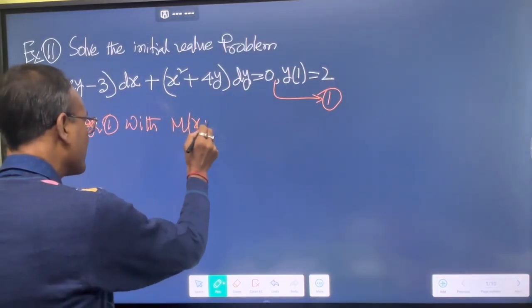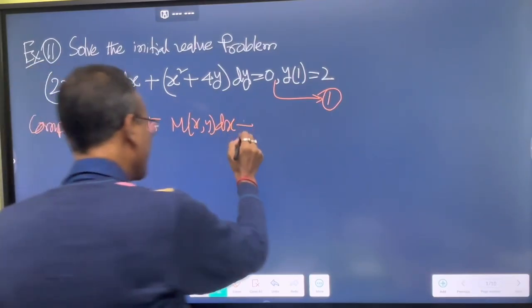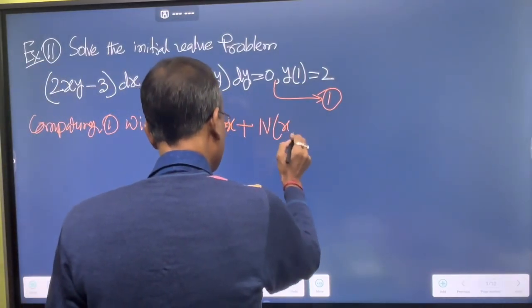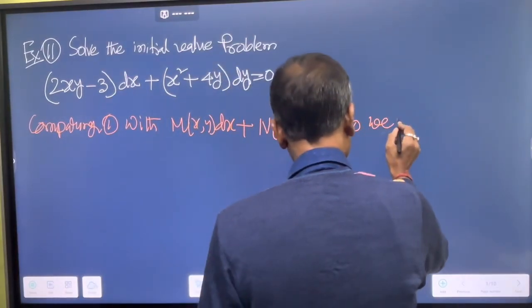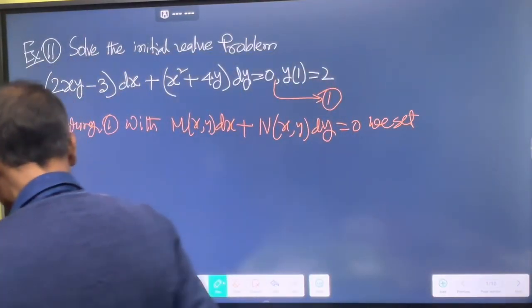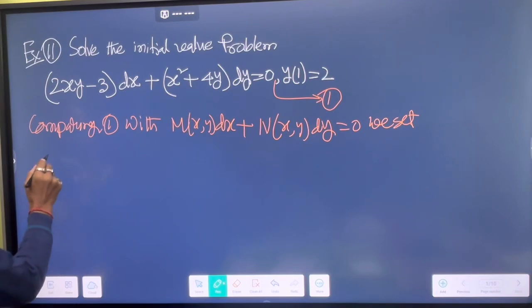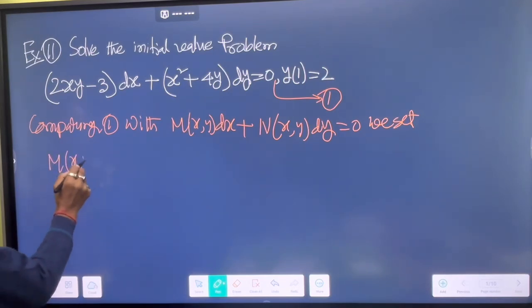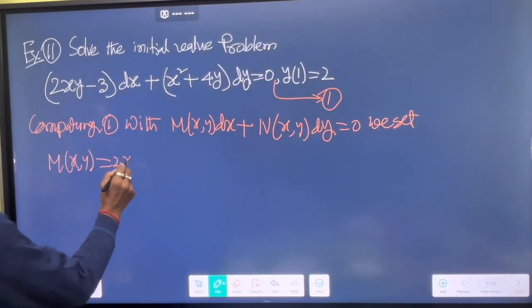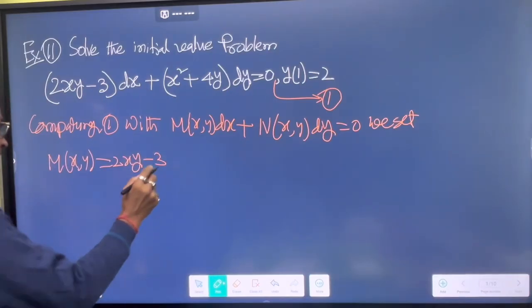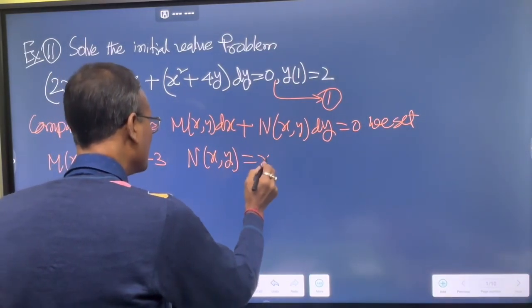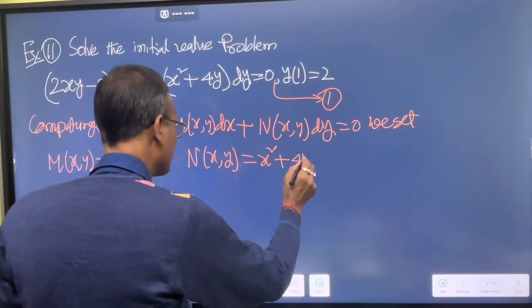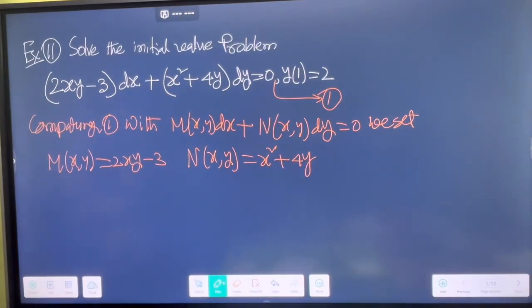M dx plus N dy equal to 0, we get, comparing this with 1, M(x,y) equal to twice xy minus 3 and N(x,y) equal to x square plus 4y.